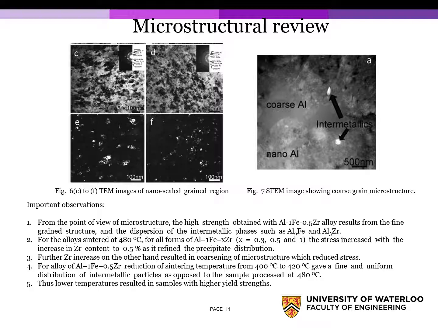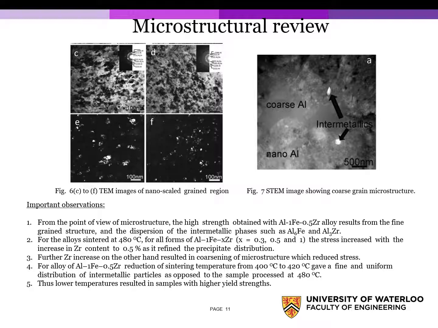From the point of view of microstructure, following are the important observations. The high strength obtained with the Al1Fe.5Zr alloy results from the fine-grained structure and the dispersion of intermetallic phases such as Al6Fe and Al3Zr.